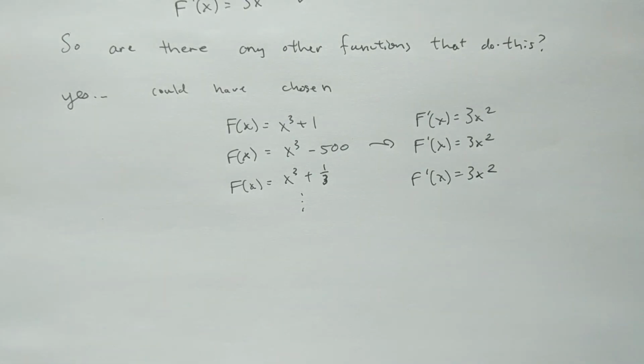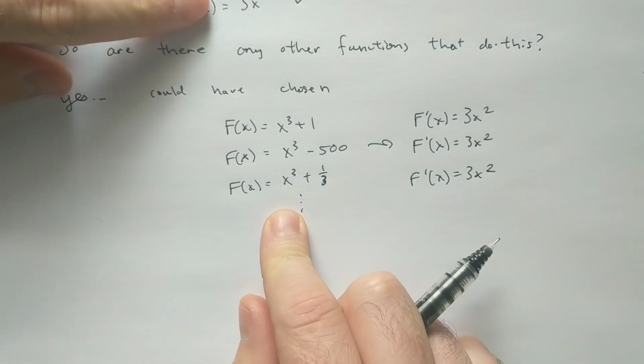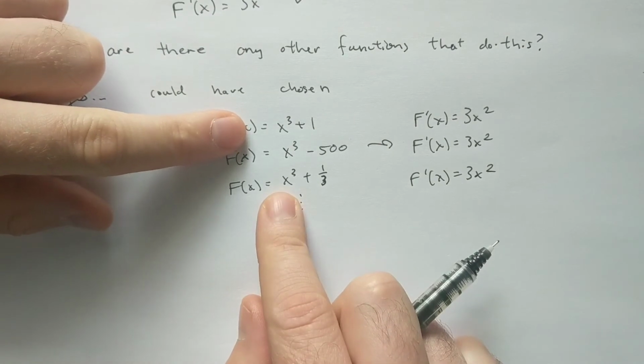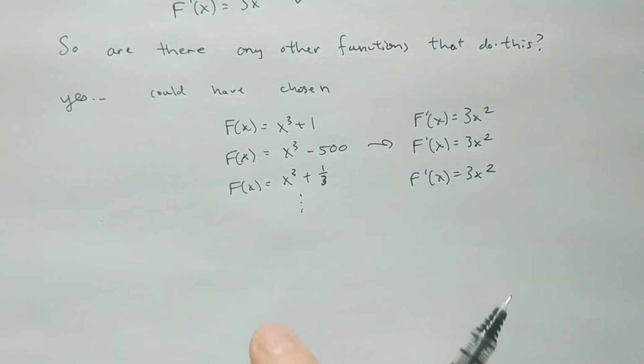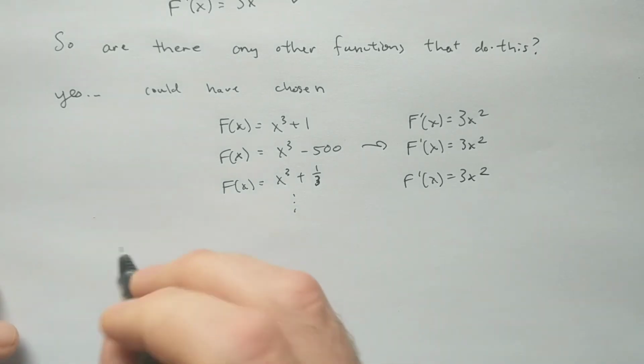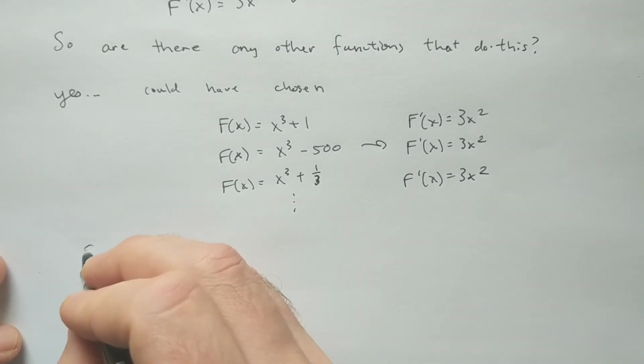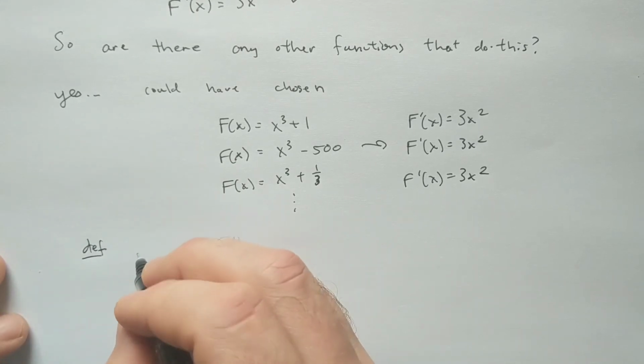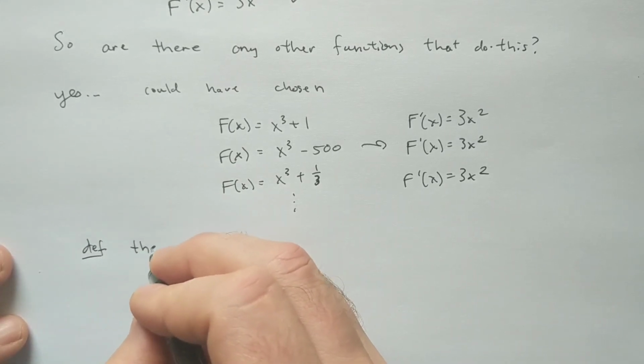Okay, so we want to encapsulate this issue. Each function won't just have one antiderivative. It could have infinitely many, and every function will. So how do we talk about this? We define something called the indefinite integral.